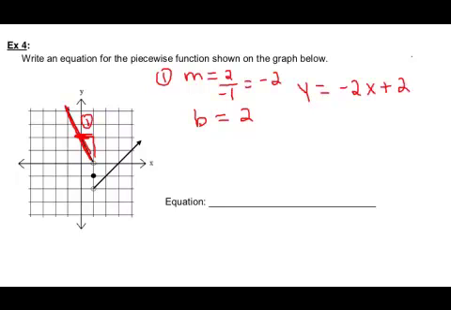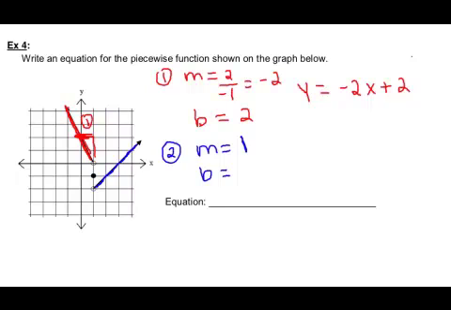Now we're going to look at the second line on the graph. It's this one right here. So again, we want to find our slope. Notice we are going up 1 and over 1. So our slope is +1. And our b value, there's a couple different ways we can find it. First of all, if you continue this line down to the left, we know that our slope is 1.